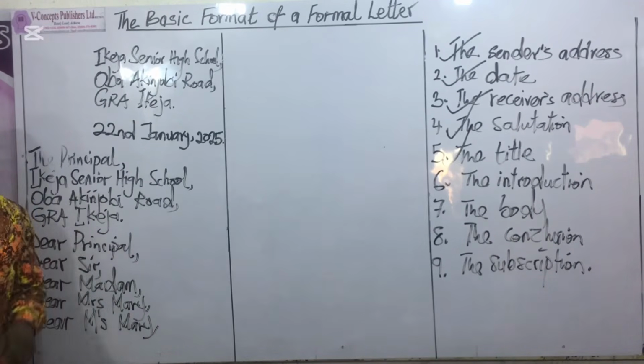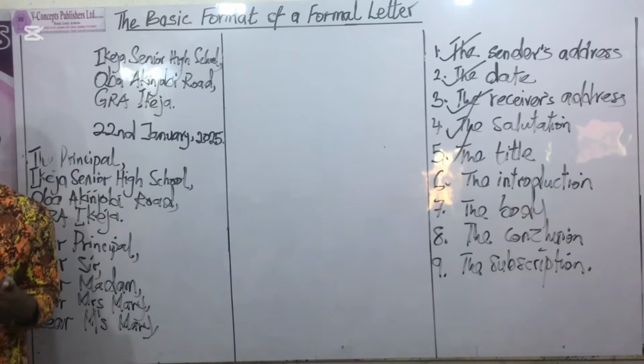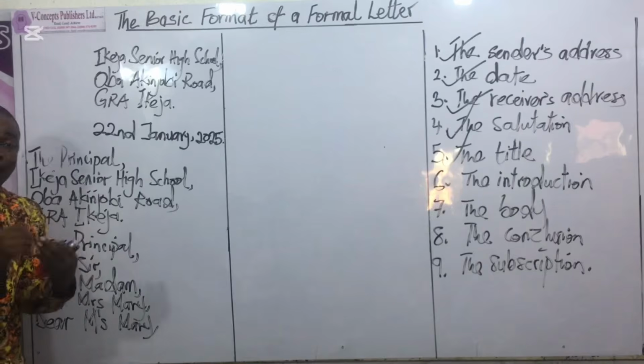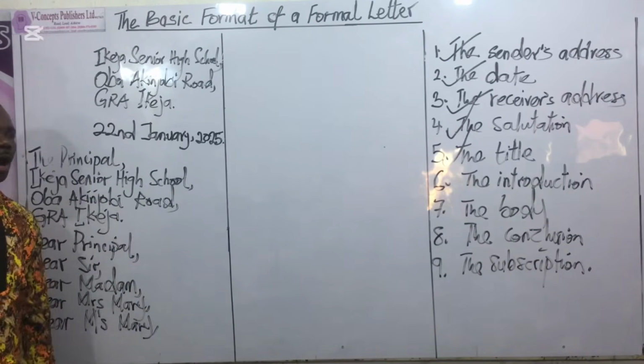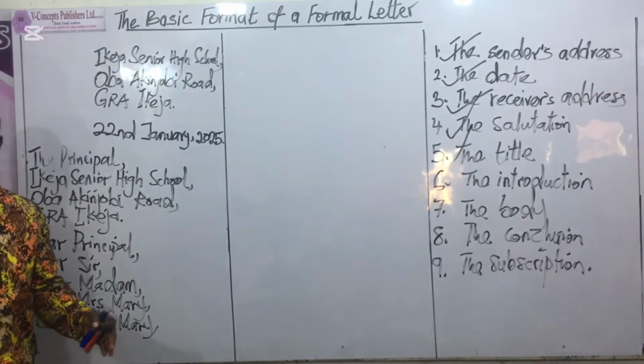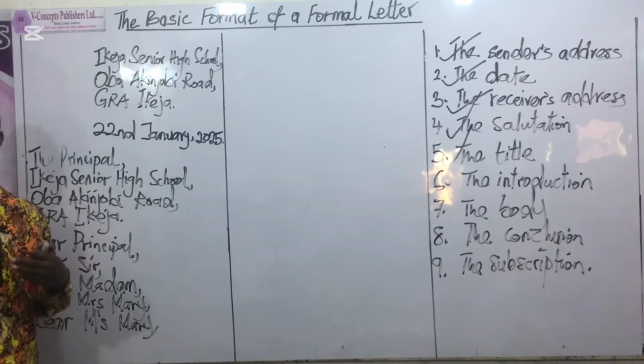So take a good note of that. So now, if you are not so sure about words that must begin with capital letter and words that must begin with small letter, write everything in capital letters. It's acceptable. So that one will save you from the stress of having to look for which word will begin with small letter or which one will begin with capital.